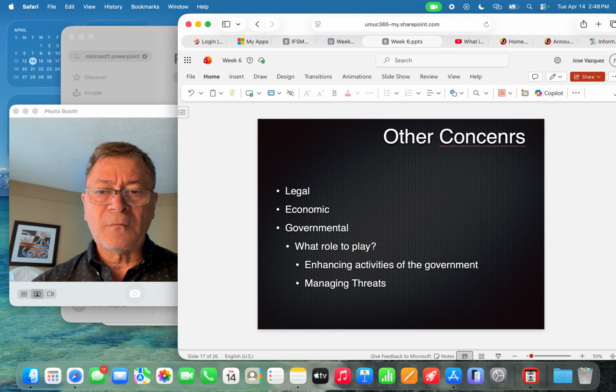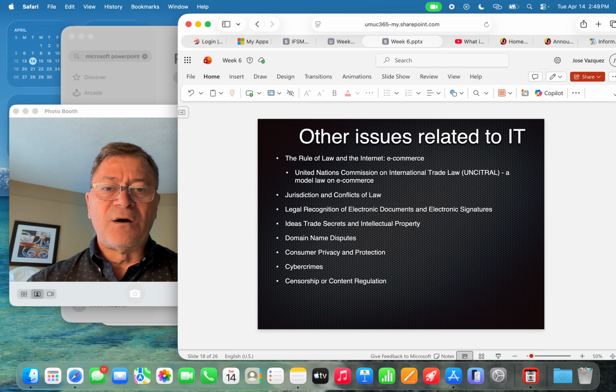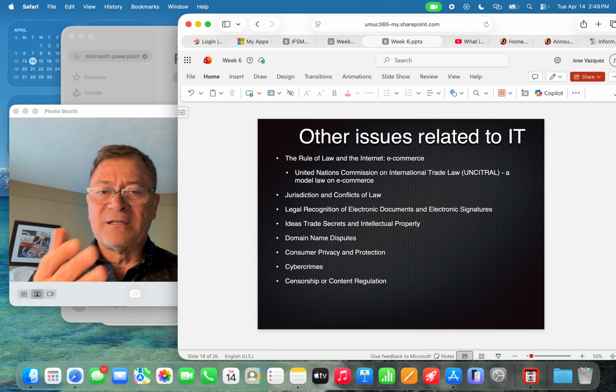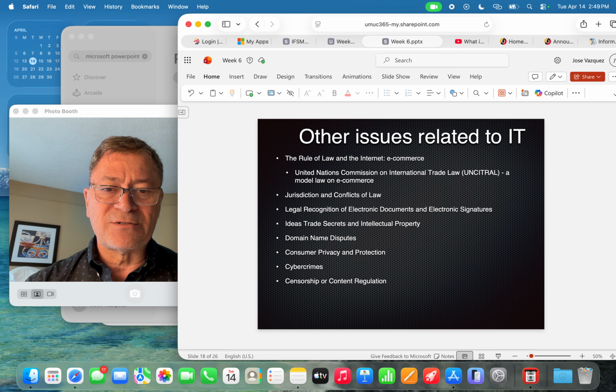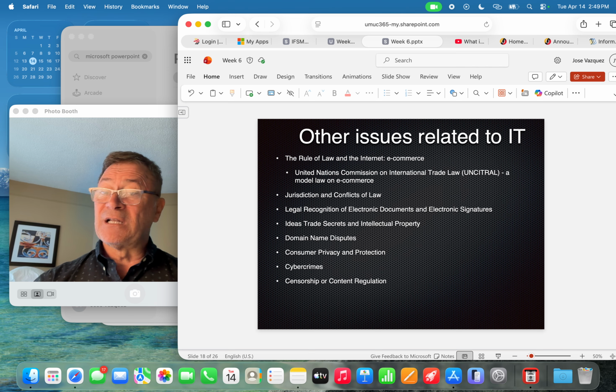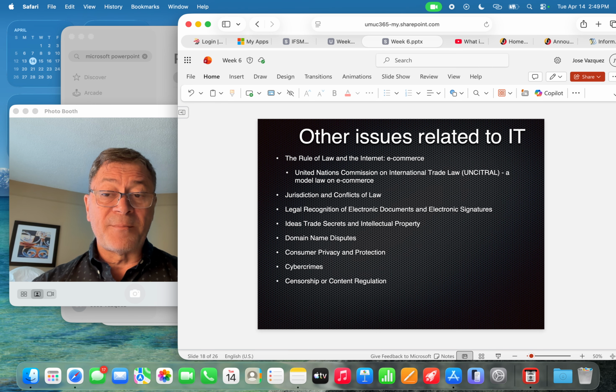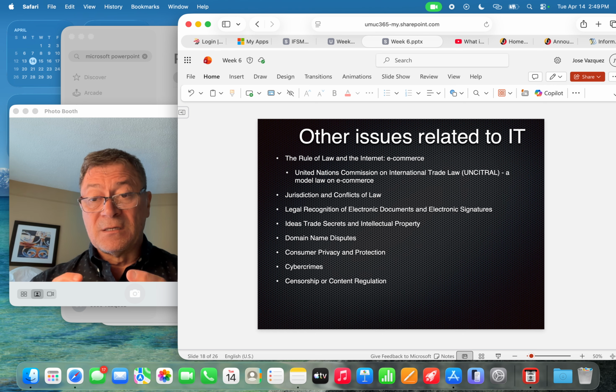Anyway, this class doesn't get into that. It's more of an overview, but you have to be conscious of that. Other issues related to IT: rule of law, and internet e-commerce, even United Nations trade laws impact jurisdiction, like legal recognition of electronic documents, electronic signatures, ideas, trade secrets, intellectual property. If you're an owner of a company, you would like your products to be kept secret.